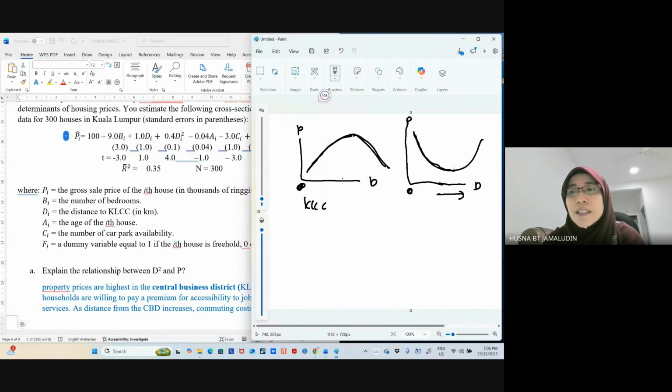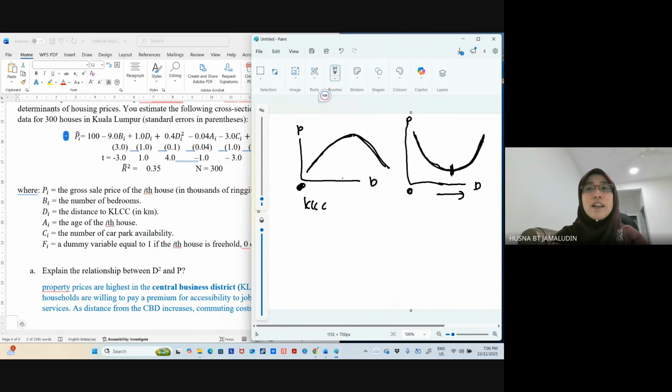But after a certain point, which is here, why is the price going up? This depends on how you want to justify. Now you are saying that after a certain point you are somehow close to the environmental or nature area. You are close to the waterfall, you are close to the beach area. So the price is getting higher because you are close to nature.